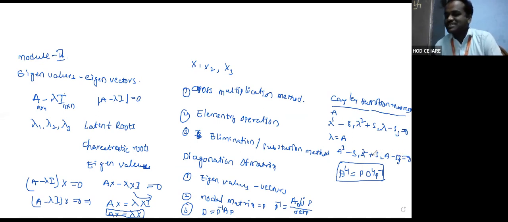For A square, do the matrix multiplication A into A, and A cube is A square into A or A into A square. So with this multiplication you get a value equal to 0. They are satisfied. You can then go for power matrices and the inverse of matrices.